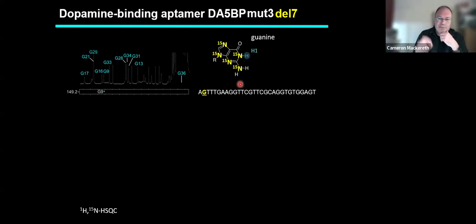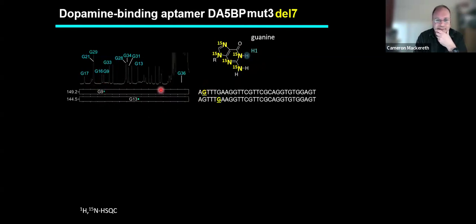So if we only put an isotopically enriched guanine in one position on the oligo, and we do a particular experiment that lets us only see hydrogens that are attached to a 15N nitrogen, there's only one signal. And so we know that that signal right here is from guanine 9. So the numbering is based on the longer sequence. That's why it doesn't quite match up.